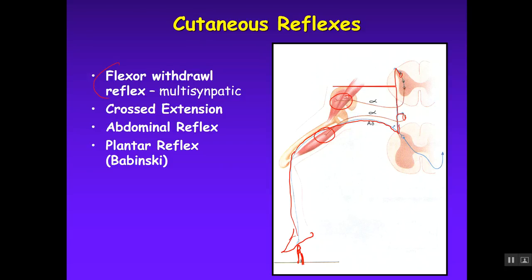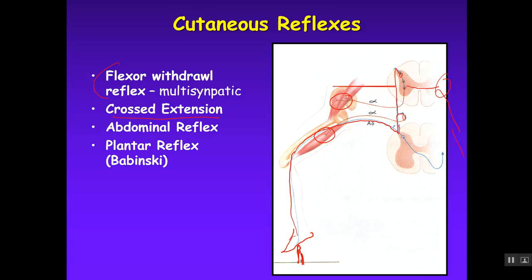We also have a crossed extension that is associated with the flexor withdrawal if you're in a weight-bearing position. So if you're standing up, if you have to lift one leg, you better extend the other leg, and you better extend it sufficiently enough so it doesn't collapse. So you communicate with the other side of your spinal cord and send signals to the extensor muscles on the other side through this multisynaptic pathway up and down to create the crossed extension.